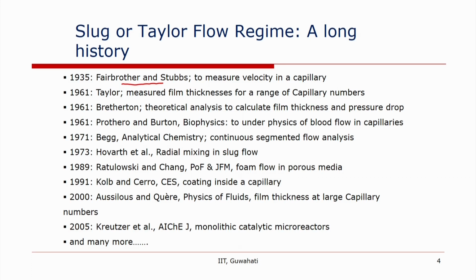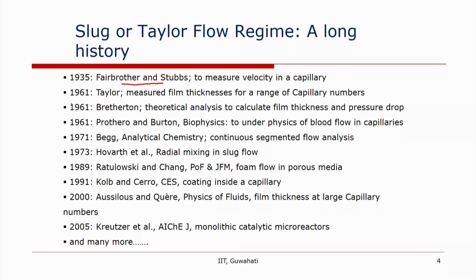The idea was that they thought that a Taylor bubble can be used as an indicator to measure the velocity of the liquid in the channel. And eventually they found that the bubble velocity is more than the average liquid velocity in the channel.